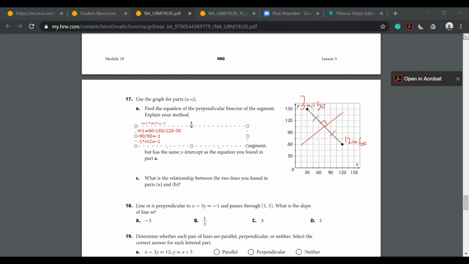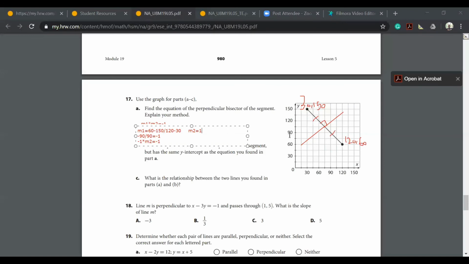Divide by -1 on both sides. So m2 will be exactly 1. We found the slope of m2. So m2 will be exactly +1. Okay. How can I find the equation then?